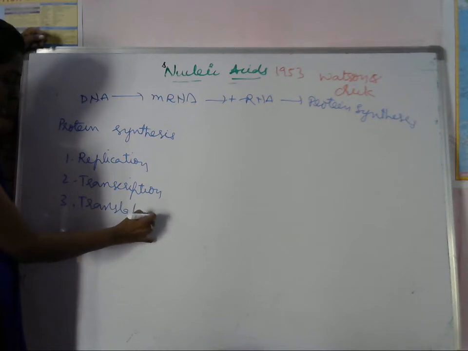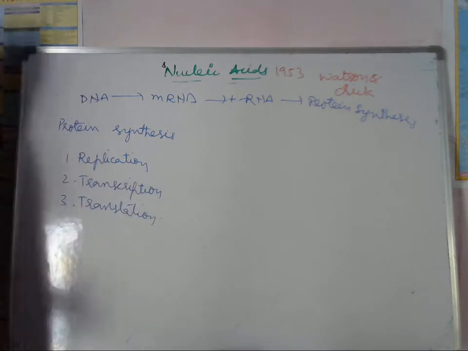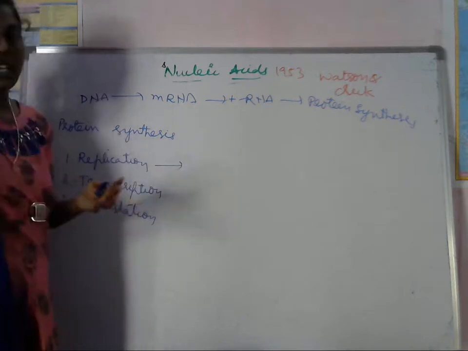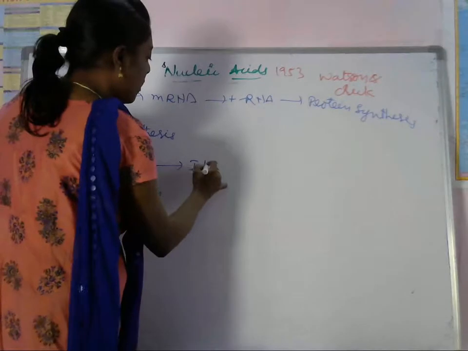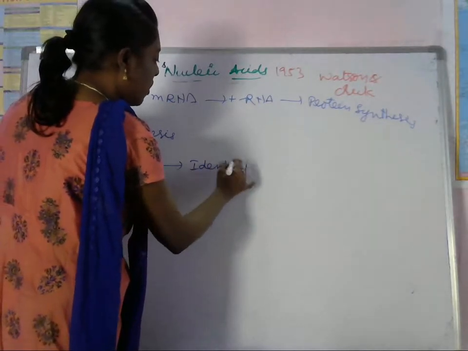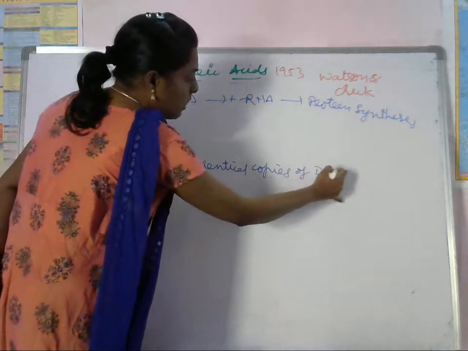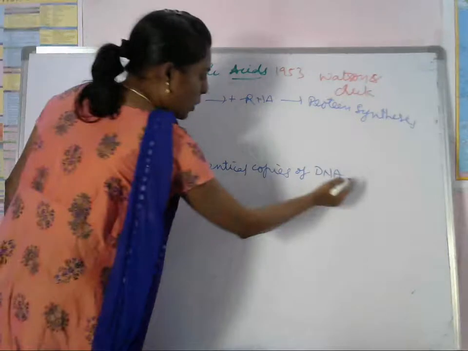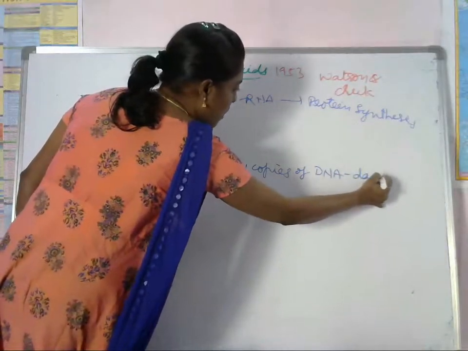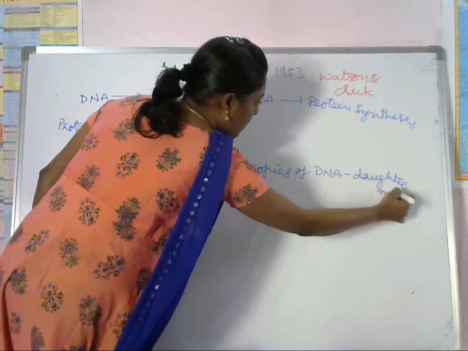What is the replication process? In the replication process, identical copies of DNA will be produced. These form daughter molecules.